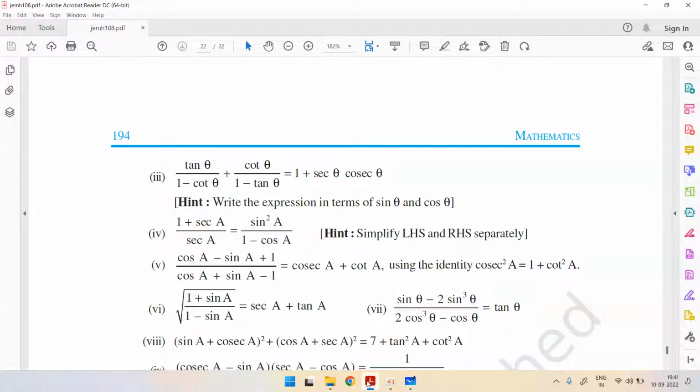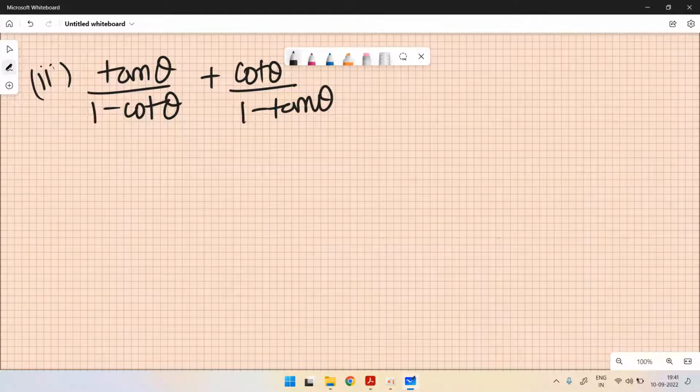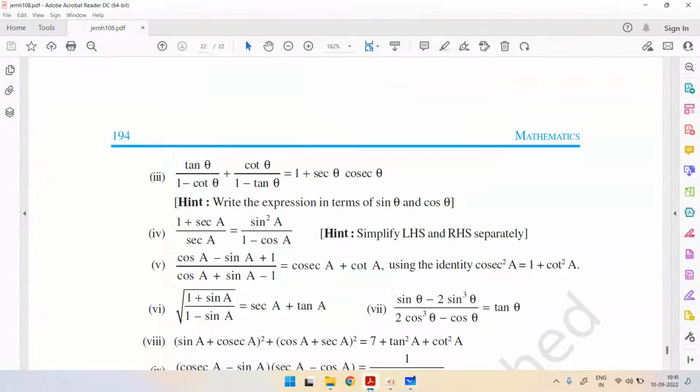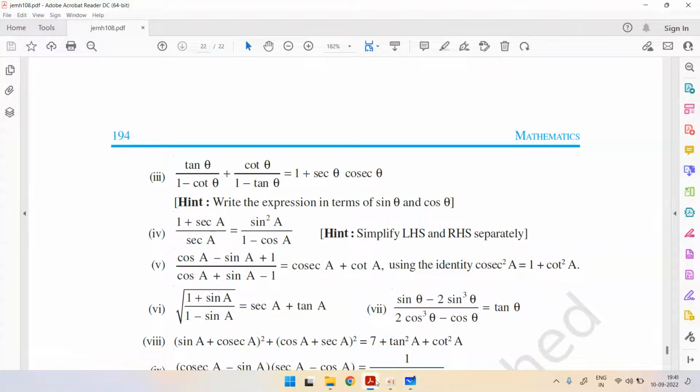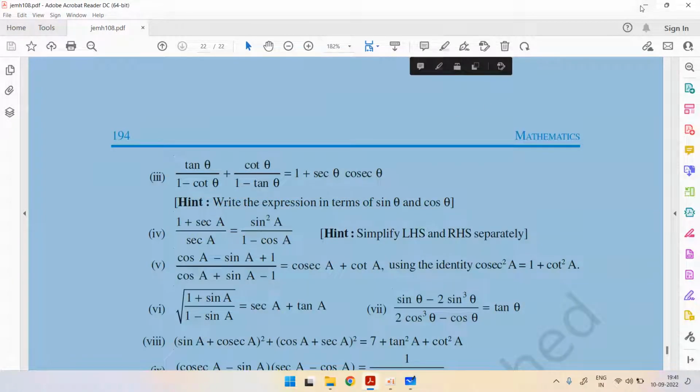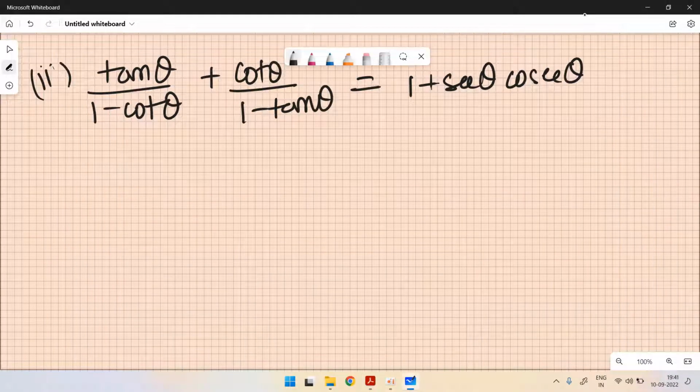Write the expression in terms of sin theta and cos theta. This is a hint, you need not write in sin and cos theta. It is given: tan theta by 1 minus cot theta plus cot theta by 1 minus tan theta.